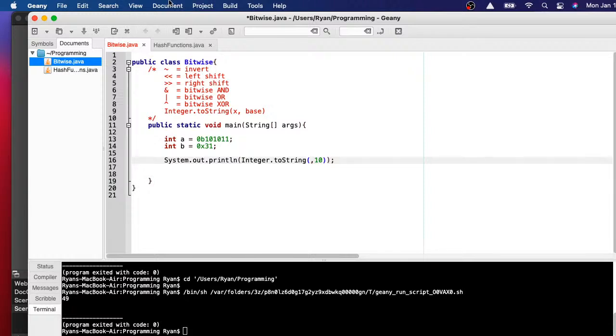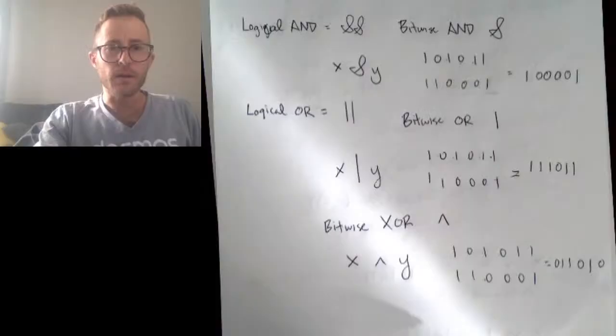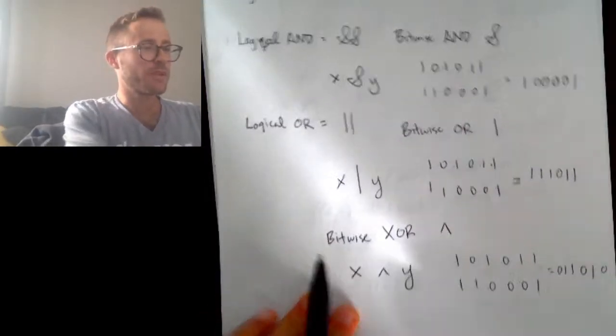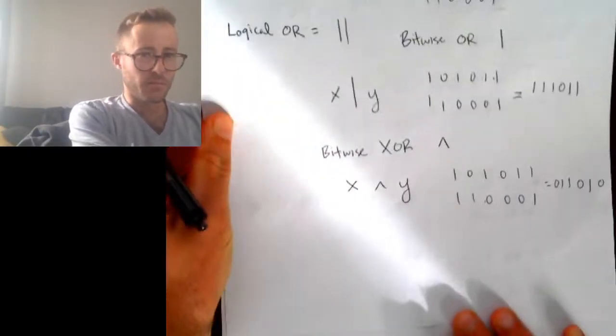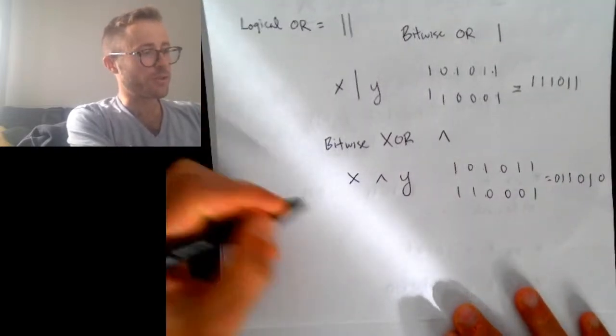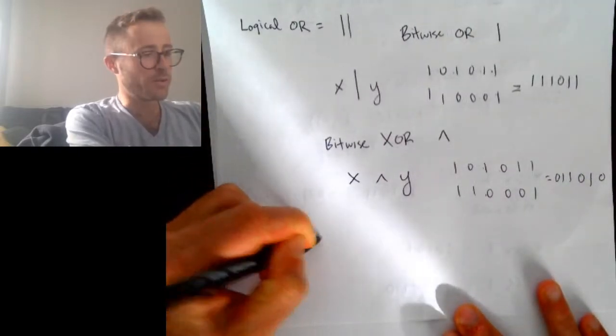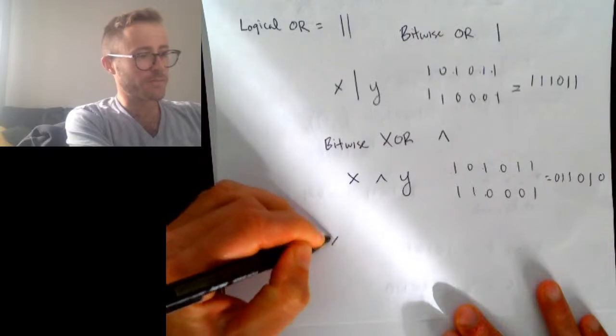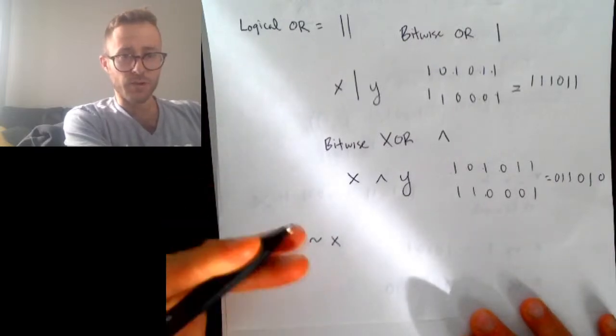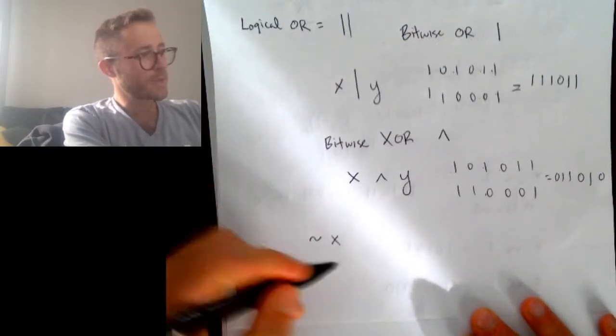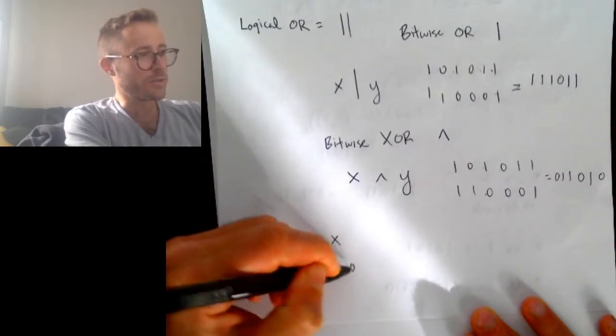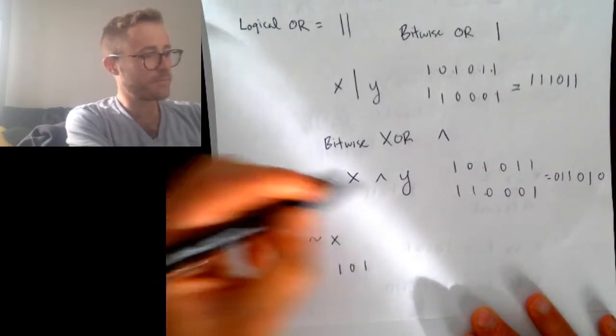Oh, I forgot one operation before I do that, which is the complement operation. So if you do squiggle X, that's going to reverse every bit. So 1, 0, it's a bitwise not.